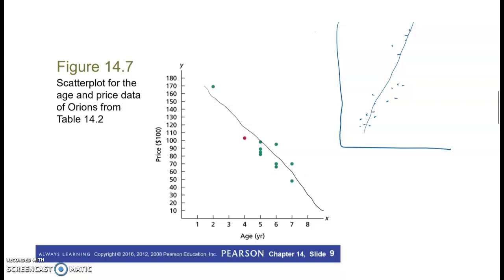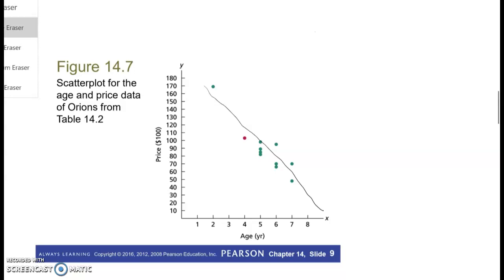So these are some things you're going to look at. There are some examples in the homework that you'll go through.